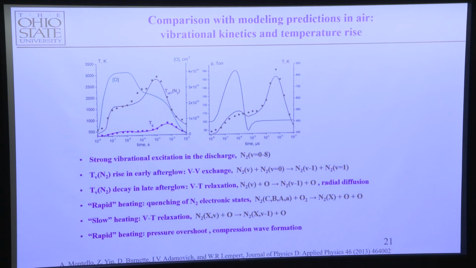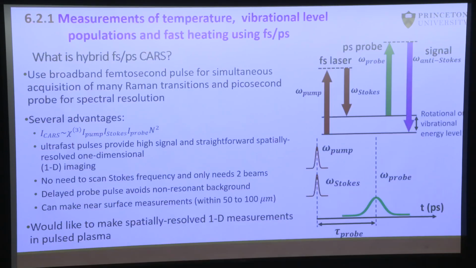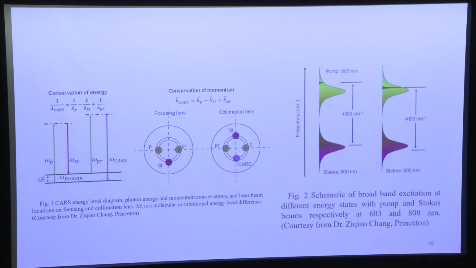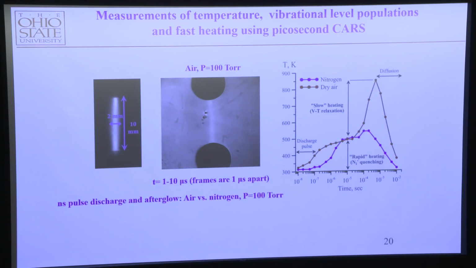What is the current strategy to do this CARS measurement? This one is an early example. At Ohio State, they used a picosecond laser to measure the plasma discharge between sphere to sphere, showing temperature as a function of time.